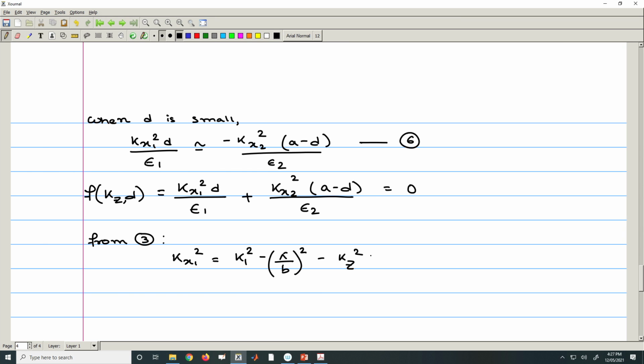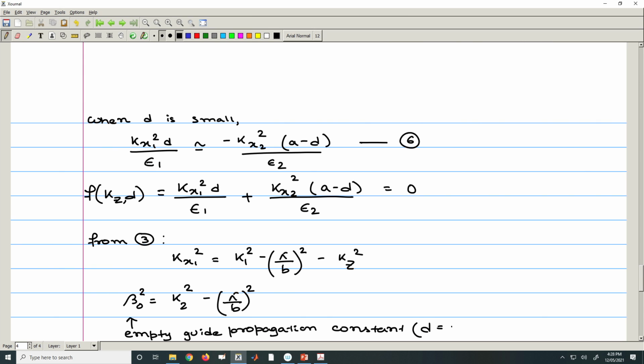Also, in the given question it is given that beta naught square is equal to k 2 square minus pi by b square, where this beta naught is known as the empty guide propagation constant, and the condition is for d equals 0.